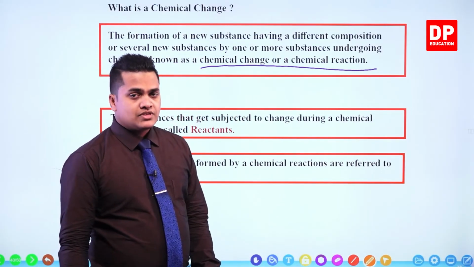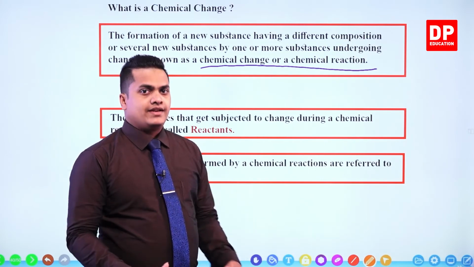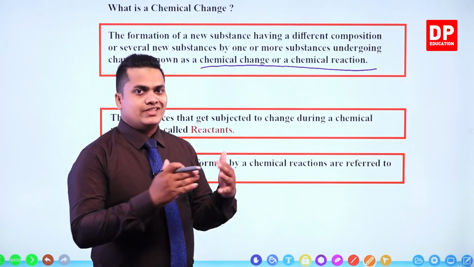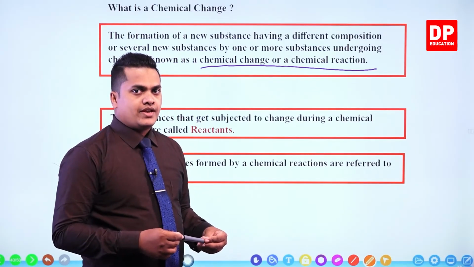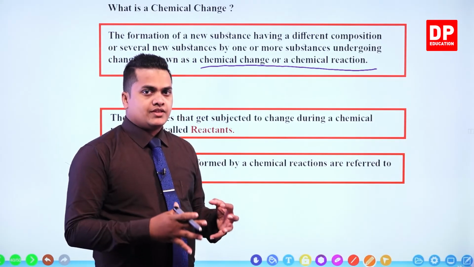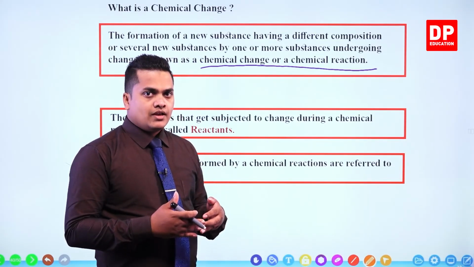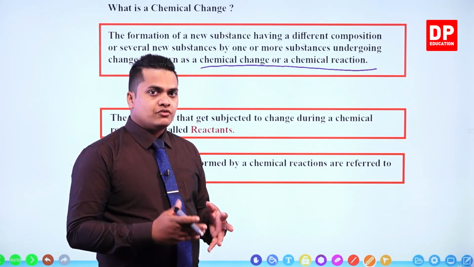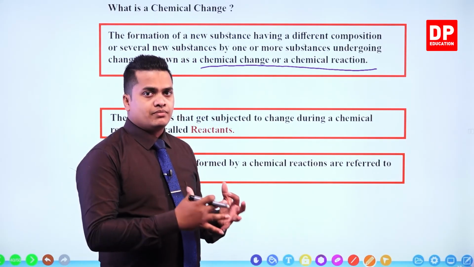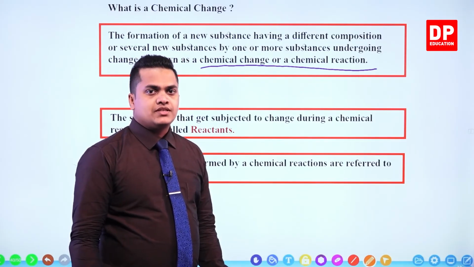In simple terms, new substances are getting created from the initial substances by changing their composition, right? So chemical change is a type of change that occurs in a system due to formation of new substances by rearranging or changing the composition of the initial substances.